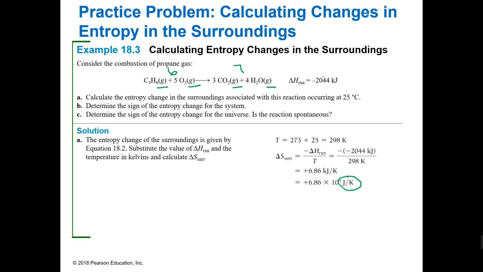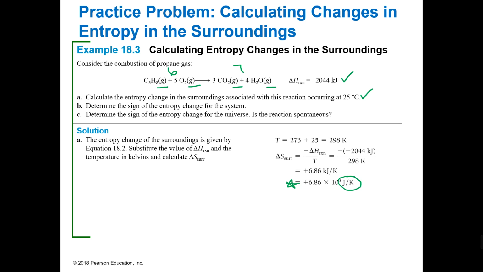So once you take your delta H of the reaction, which was given, and your temperature converted to Kelvin, which was also given, you're simply plugging and chugging. Do the math, and sure enough, lo and behold, we have a positive delta S of the surroundings, which is what we would have expected to see.